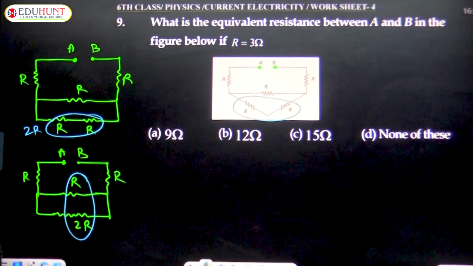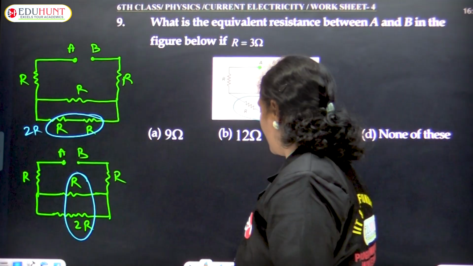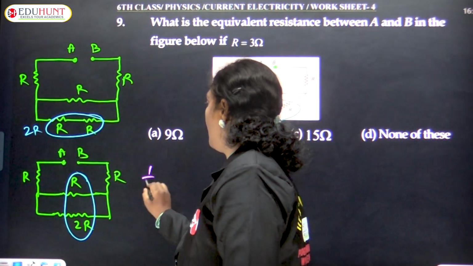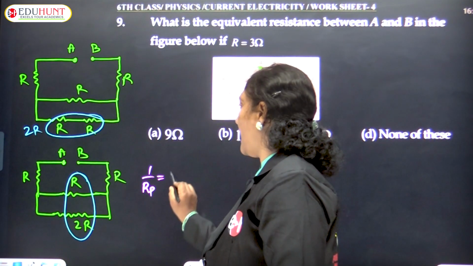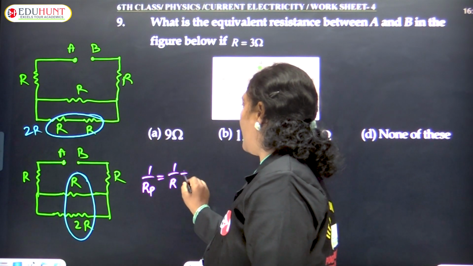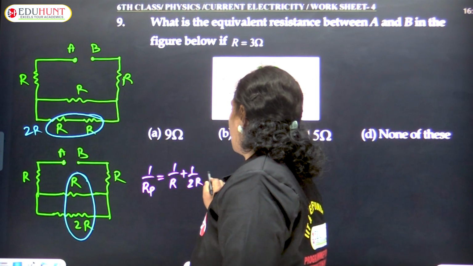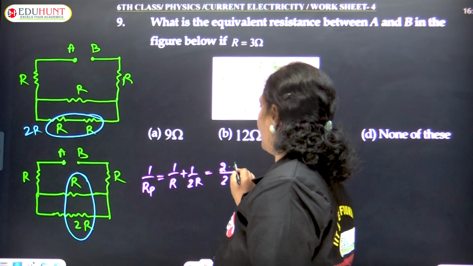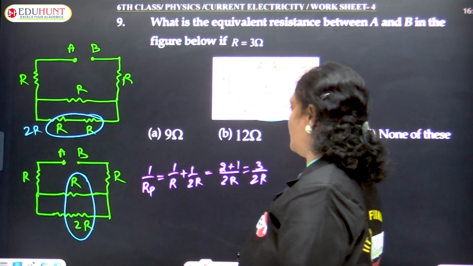When two different resistors are connected in parallel, the combined effect will be the parallel combination: 1 by Rp is equal to 1 by R1 plus 1 by R2. R1 is taken as R, R2 is taken as 2R. So, taking the LCM as 2R, R goes 2 times and 2R goes 1 time, this is equal to 3 by 2R.